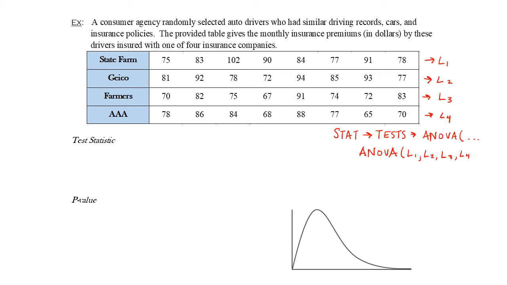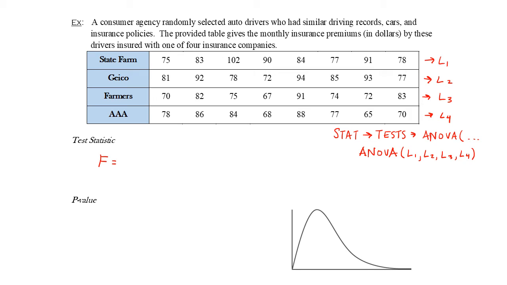And make sure that when you do this, you're separating each of the lists with a comma, using the comma button, which, if you remember, is right above the number 7. So make sure you use that comma button to separate the different lists. Okay, and once you do that, it'll give you everything we need here. So for instance, it'll give me the test statistic.